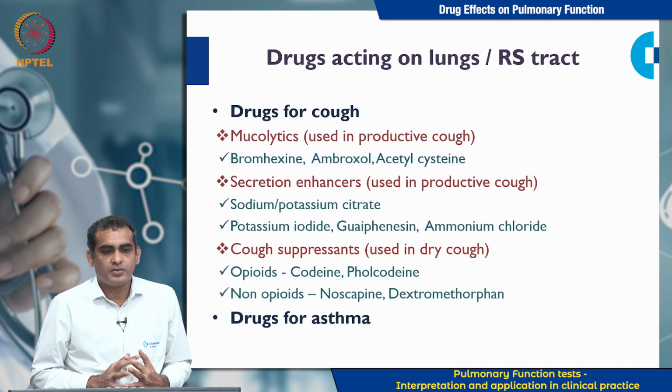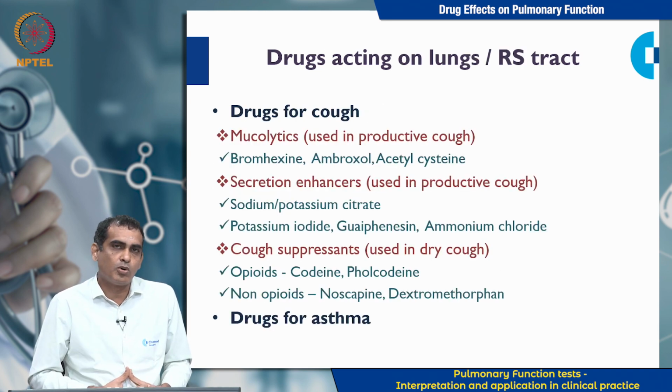To start with, when we talk about drugs that are acting on lungs or the respiratory tract, we mainly have 2 categories of drugs: drugs for cough and drugs for asthma. We will study the drugs for asthma in detail in later slides.